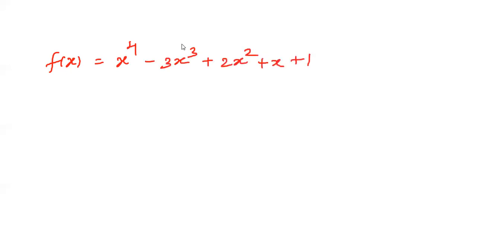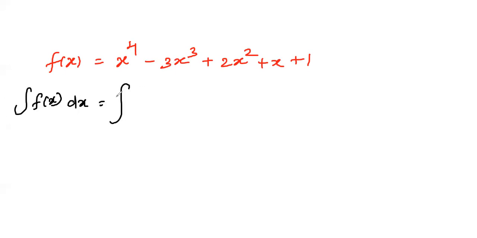Okay, we'll solve some polynomial equation. Imagine you are having a polynomial equation like this. They're asking us to integrate this polynomial equation. For integrating, you need to put the big S, f of x and dx. That is the integral sign.